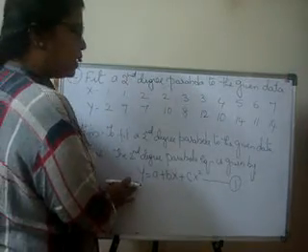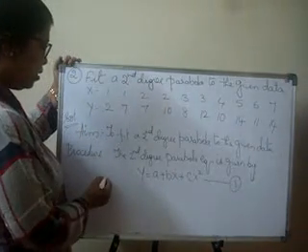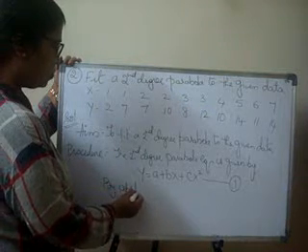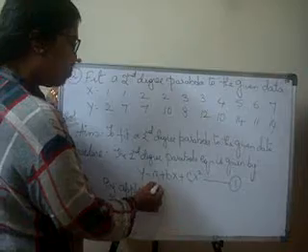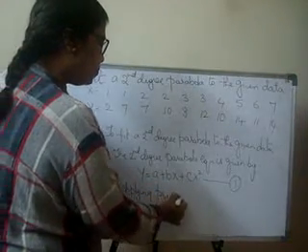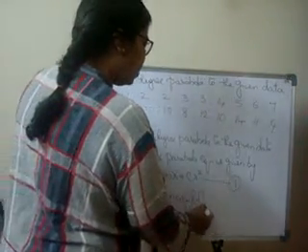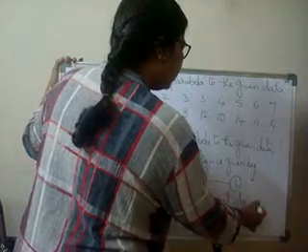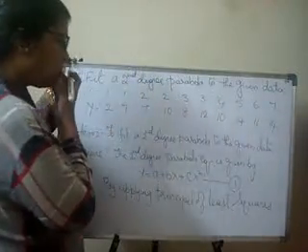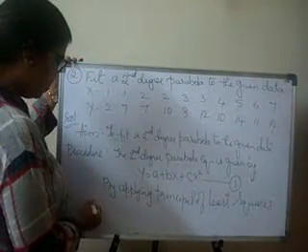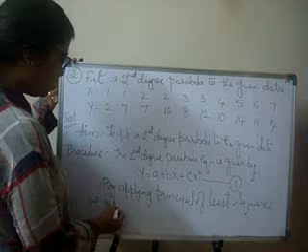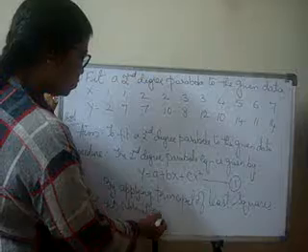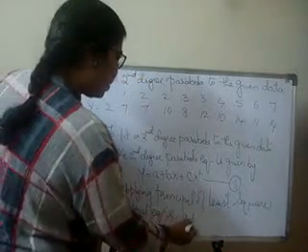Now, to the second degree parabola, by applying principle of least squares, we get normal equations as follows.